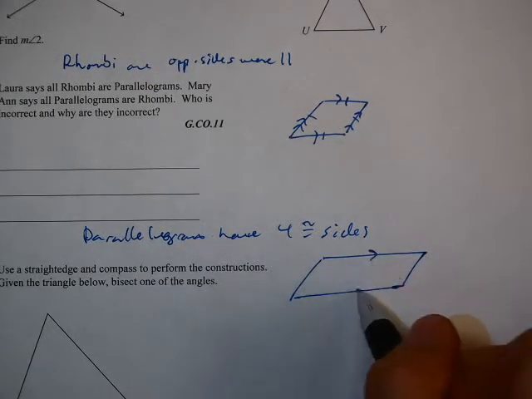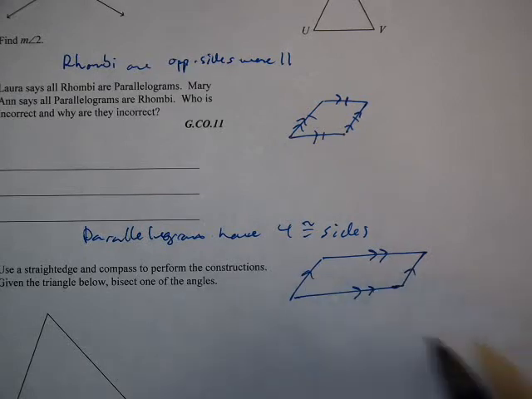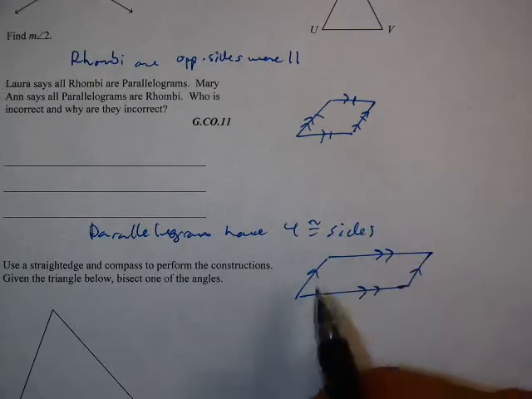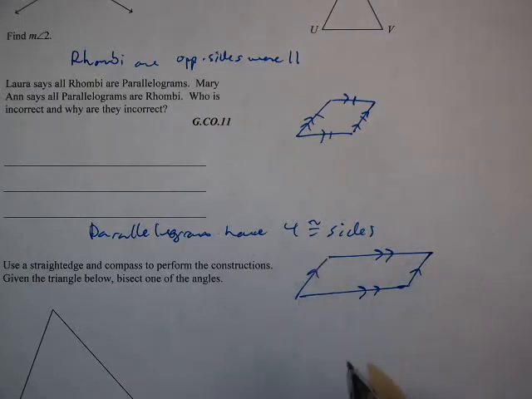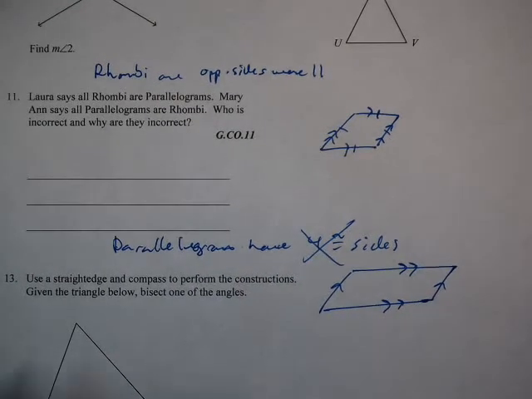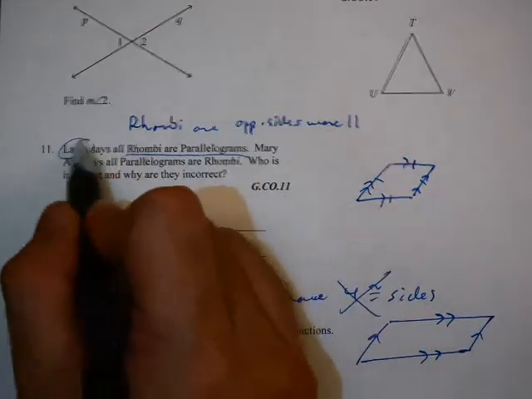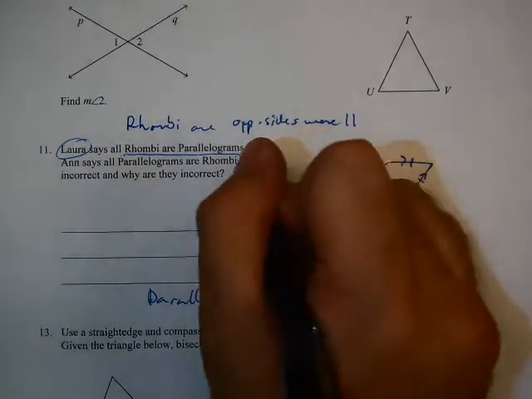Remember, the only thing that parallelogram needs to be a parallelogram is these 2 pairs of parallel sides. But this top and bottom are definitely longer than the left and the right. So this does not work for that order. So the ones that did work was rhombi parallelograms, which means Laura is correct.